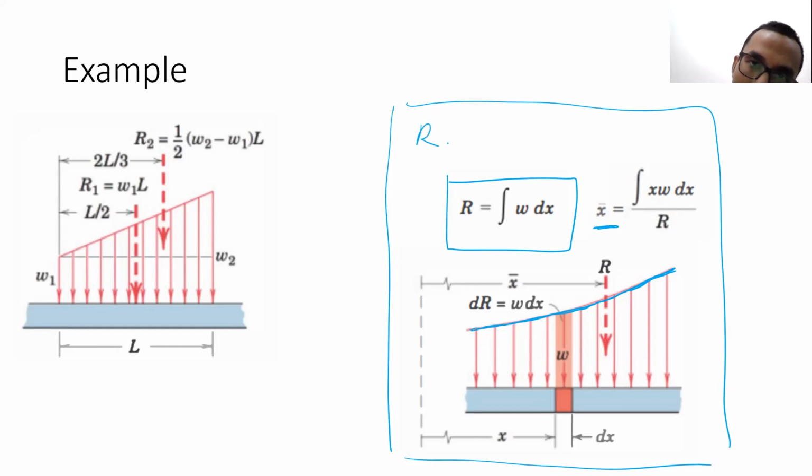So R multiplied by X bar is the same as the integral of xW dx. That's why X bar, we can find it by the integral of xW dx divided by R, like this.